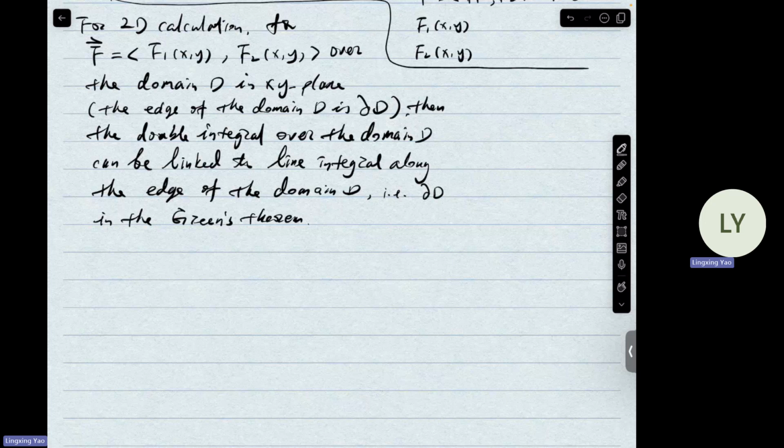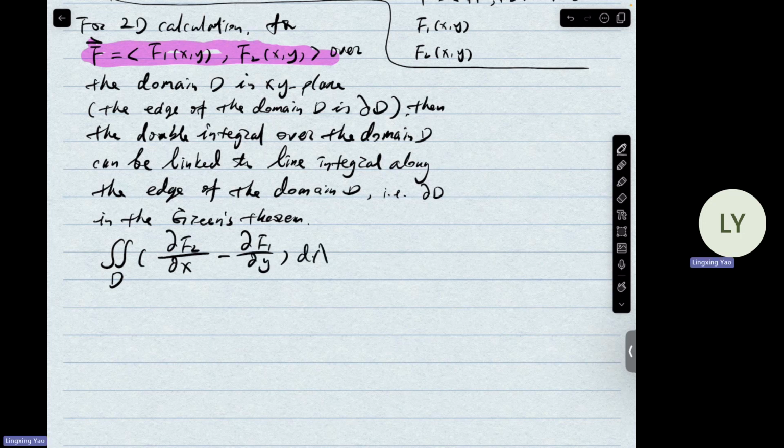Let me formulate it in this way. Remember, this Green theorem is involved with the vector field F. So here is what we have: the double integral over the domain D for this particular integrand, which is related to the vector field F. And then the Green theorem is establishing connections of this new line integral of F along the edge of the domain with this particular double integral.